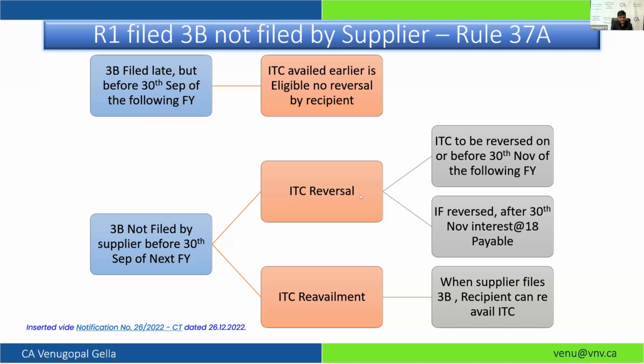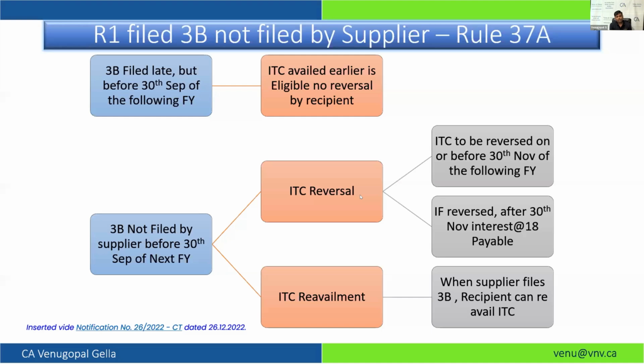Participants, this slide is very important for multiple reasons. All this while, if a supplier had filed his GSTR 1 and the credit was visible in 2A or 2B, we were going ahead and taking the credit.